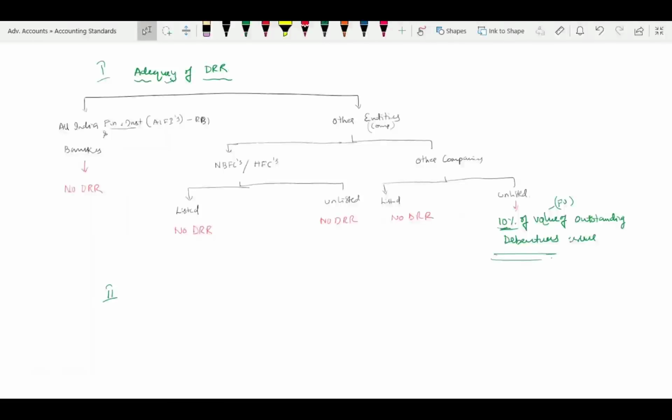For the reserve you have created, the DRR, a corresponding investment is supposed to be created. That is what we call here the investment of debenture redemption reserve. Got it?